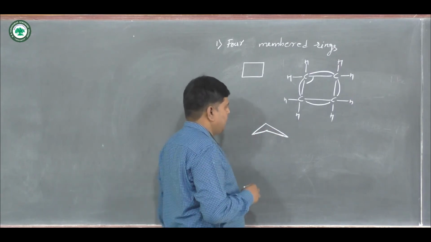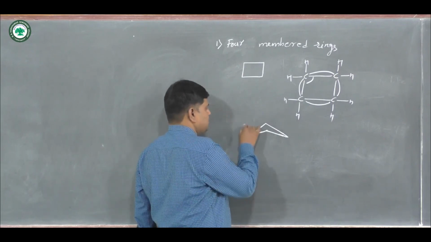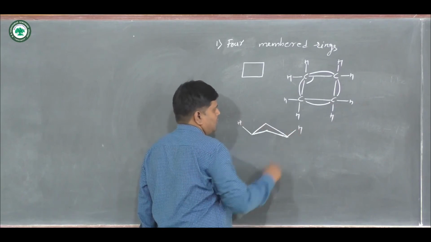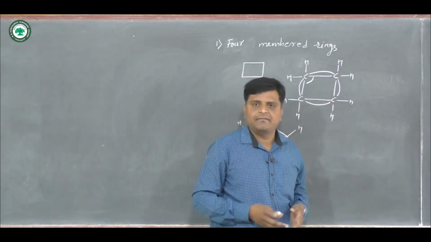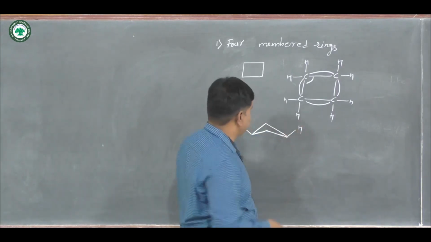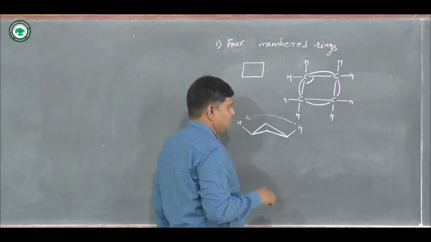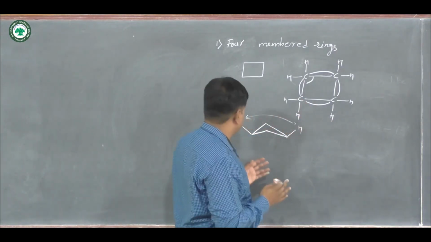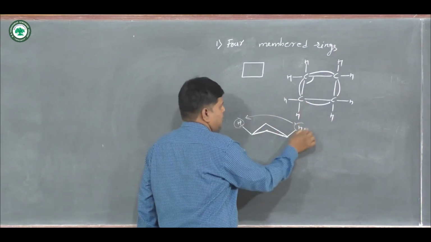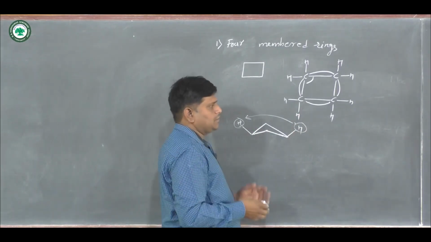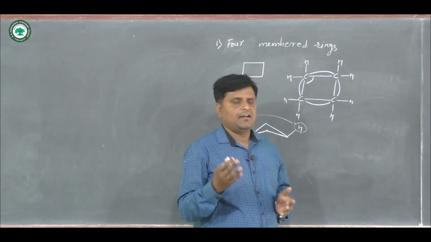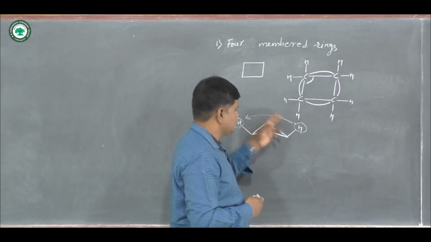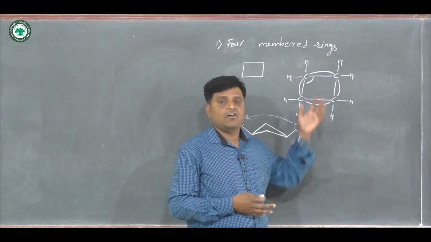At that time these eclipsed bonds are tilted outward, and the distance between two hydrogens, which in eclipsed form are very close to each other, now becomes greater because the bonds are far from the original position. That's why they don't interact with each other, and that position is one of the stable positions in this case.